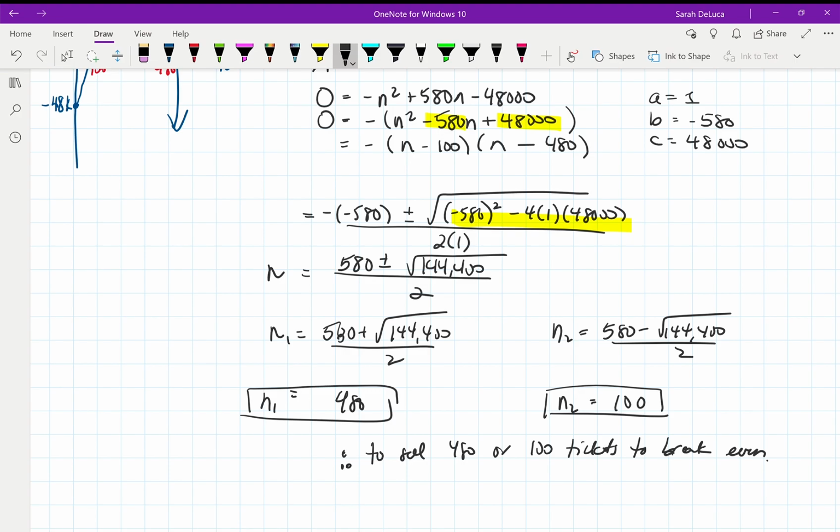From here, I would be solving where this is equal to 0 or that is equal to 0. So I'm going to get n is equal to 100 or n is equal to 480. Both are acceptable, but like I said, oftentimes if it is factorable, your teacher might ask you to always do factoring first if possible, then move to the quadratic formula. But we can see that we'll get the same answers from both methods.